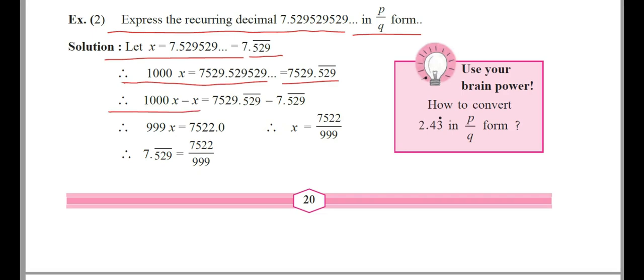After multiplication and subtraction, you will get 999x is equal to 7522.0. Therefore x is equal to 7522 upon 999. Therefore 7.529 recurring is equal to 7522 upon 999.